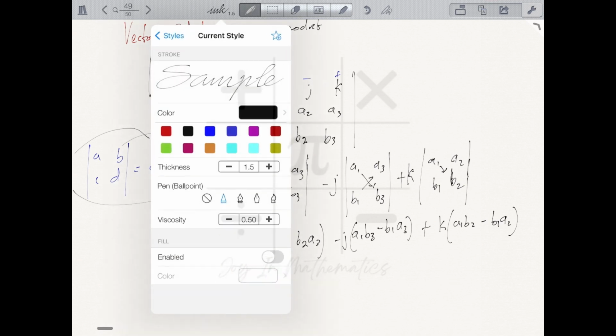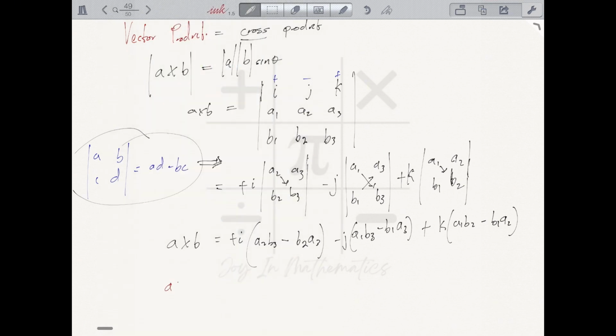So let's rewrite this using the red pen. A cross B is (A2 B3 minus B2 A3) i minus (A1 B3 minus B1 A3) j plus (A1 B2 minus B1 A2) k.